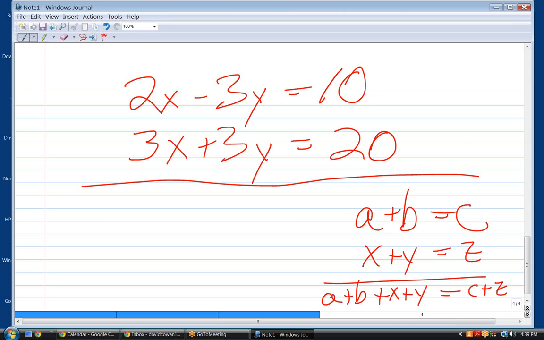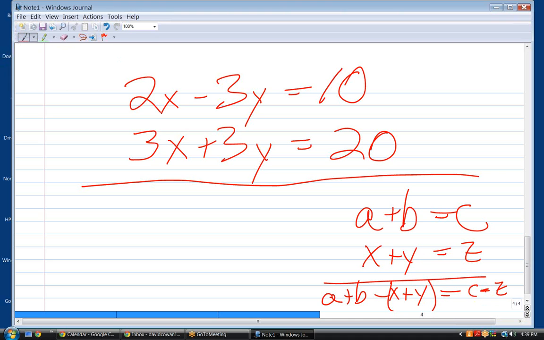You can always do that. You can always also subtract equations.